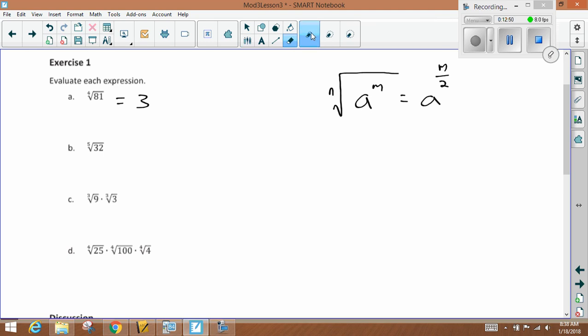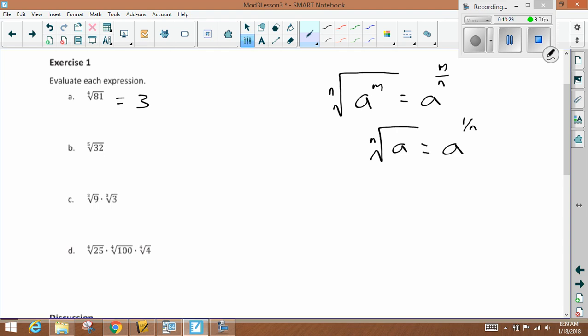And there's a corollary to that, which says that if I have some nth root of a, that is going to be a to the 1 over n, right? Okay? So that's the main property we're going to use in lessons 3 and 4.